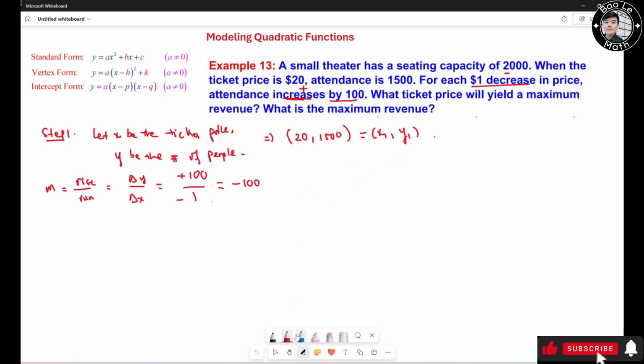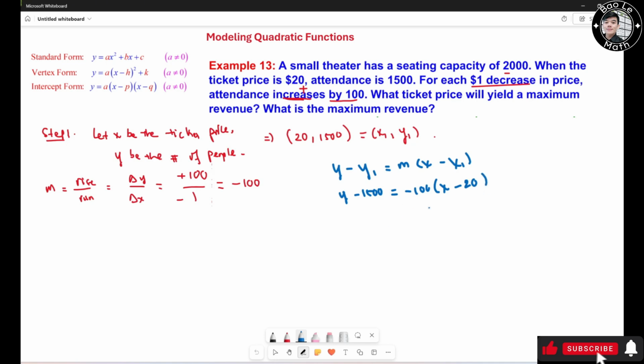Now we're going to use point slope form formula to write the linear function, right? So I have y minus y1 equals m times s minus s1, right? So I substitute, so y minus 1500 equals negative 100 times s minus 20, right?